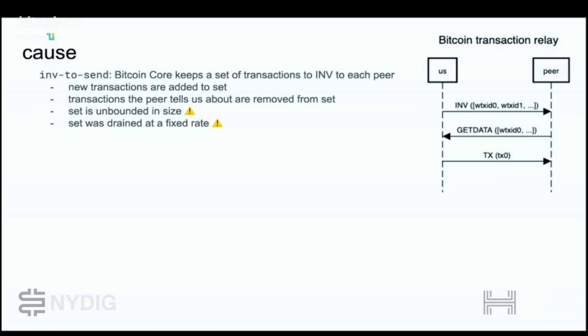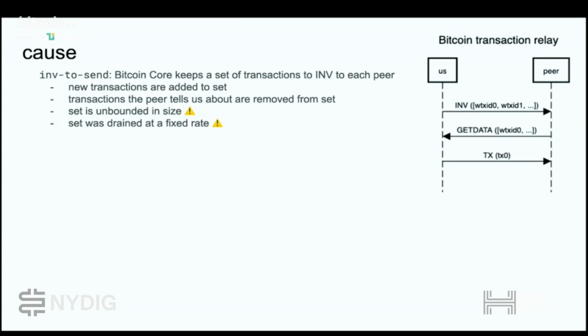And to keep track of which transactions you need to announce to a peer, Bitcoin Core keeps an inv-to-send set, or set of transactions to inv. When you receive a new transaction, you add the transaction to the set.